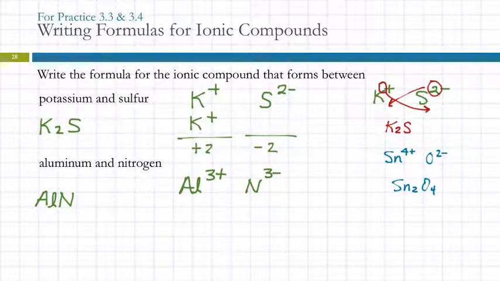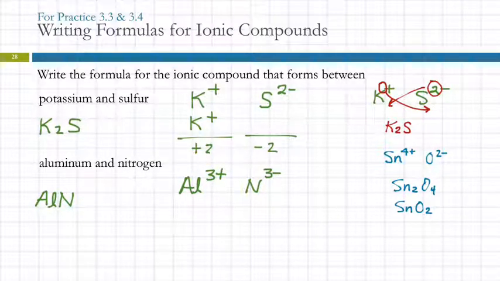Is that the lowest ratio? No, it isn't. So to get the correct formula, you would need to simplify that. It should be SnO2. So there's an example of when crisscross doesn't exactly work. Works most of the time, though, and that's why students like it. It's easy.